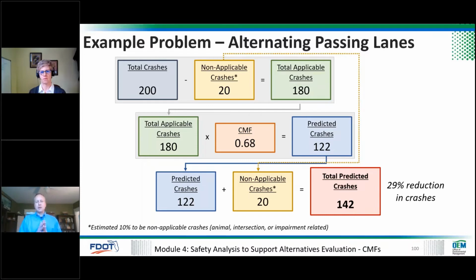You could apply the historical split of crashes, and assume that it's going to carry forward into your predicted crashes, this is a prediction here. There are also some predictions that predict different types of crashes as well, but they should be used with caution.